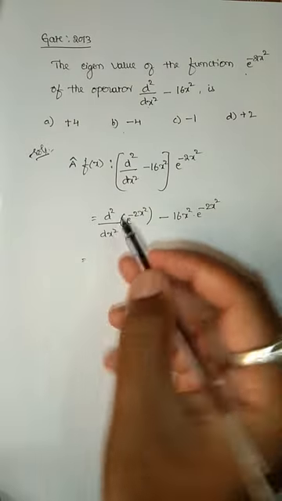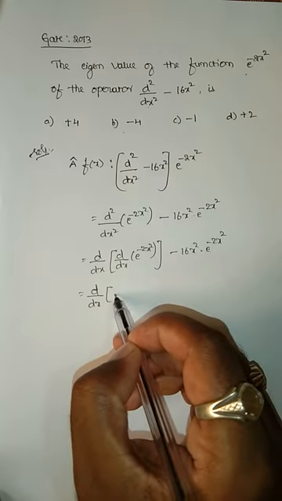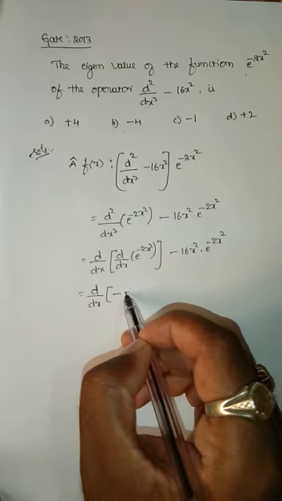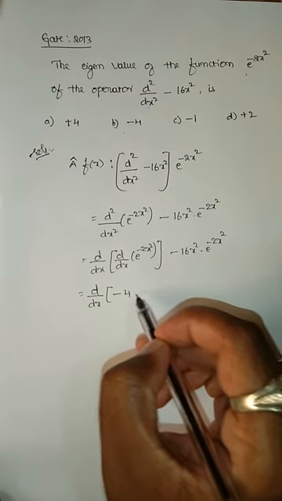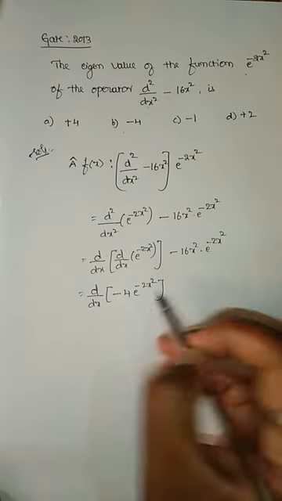And here we have d square by dx square, so we can write it like this: d by dx of d by dx of e power minus 2x square, minus 16x square into e power minus 2x square. And here the value of d by dx of e power minus 2x square is minus 4x e power minus 2x square, that is the derivative.